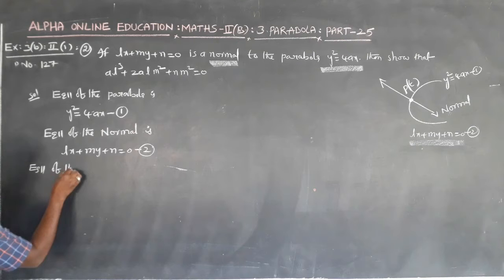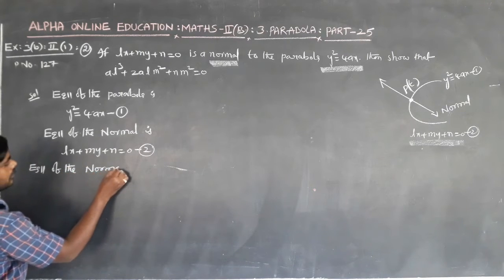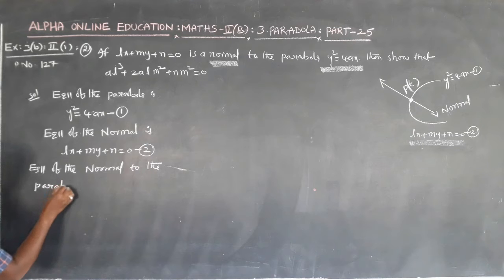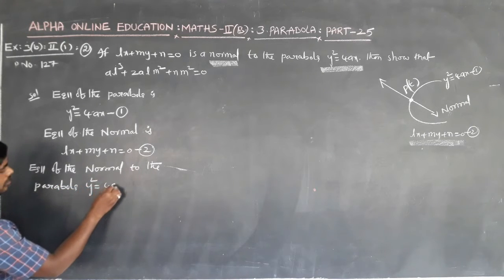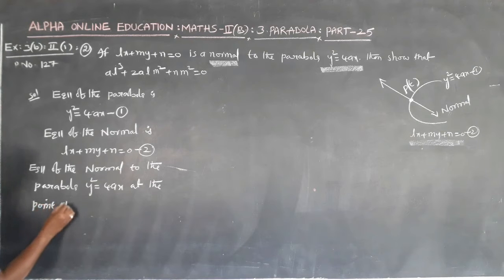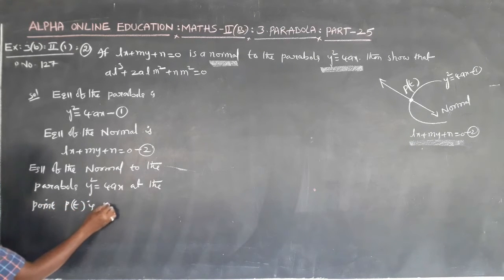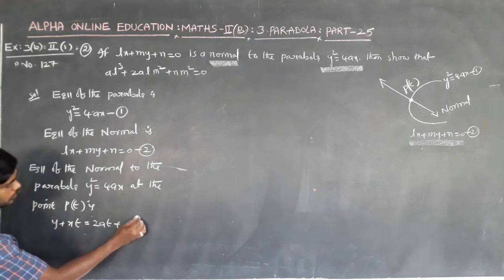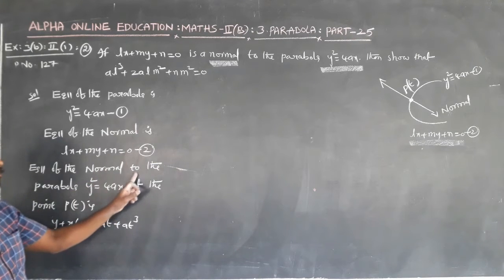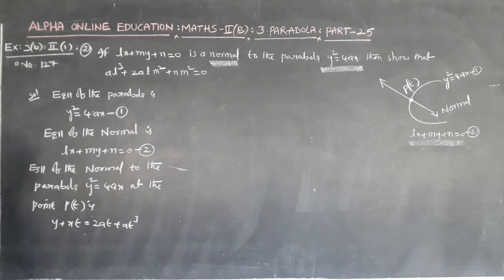The equation of the normal to the parabola y² = 4ax at the point P(t) is y + xt = 2at + at³.